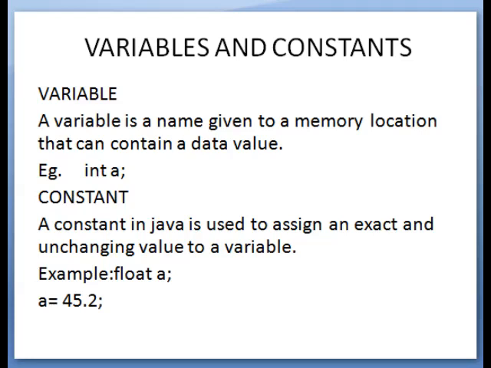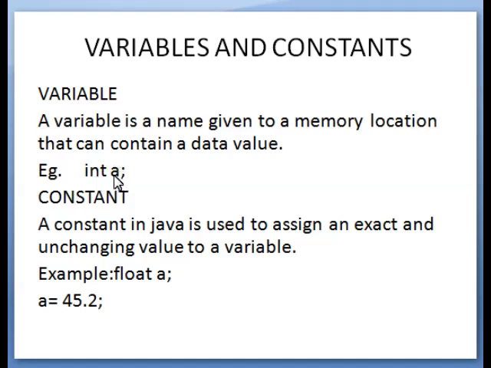The next one is variables and constants. First of all, we are going to see what a variable is. A variable is a name given to a memory location that can contain a data value. For example, int a, that is, a is a variable. It can hold any value and its data type is integer.